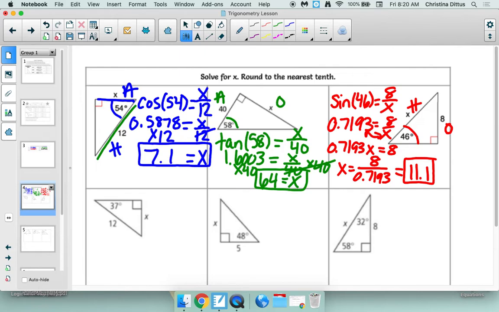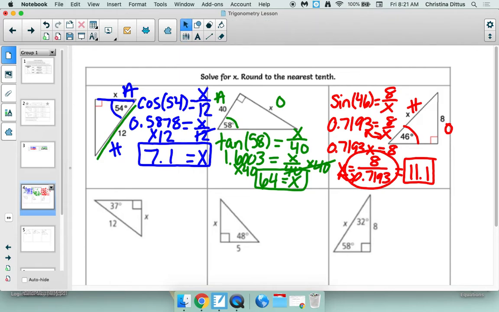For all, anytime x is on the bottom, it's just whatever's on top divided by whatever you have over here. Because when you multiply by x, then you're going to have to divide by this, which is what this little dude is. So you just switch where these are. The x is where the decimal is, the decimal is where x was.